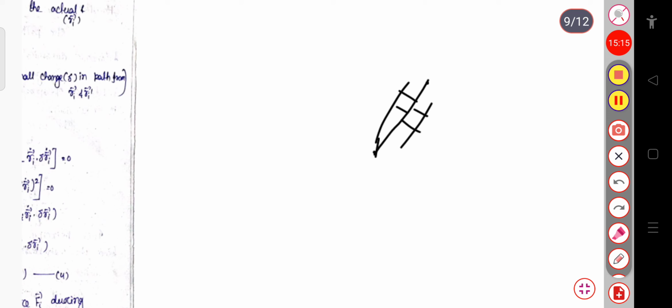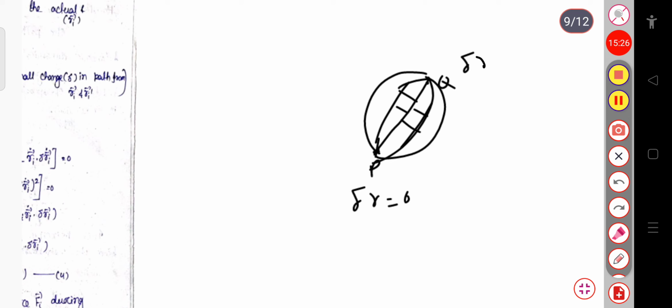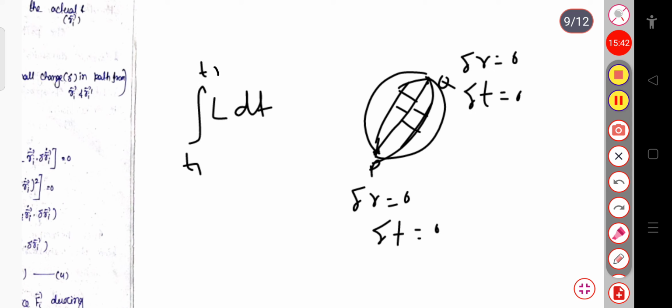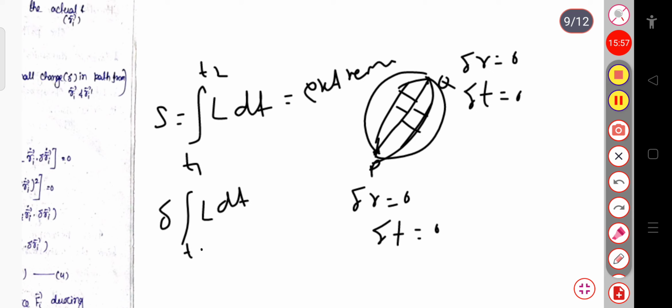But at the point P and at the point Q, all the neighboring paths merge, and we can say that here the displacement equals 0, and also at this point the displacement is 0, as well as the change in time equal to 0 at the points P and Q. So Hamilton's principle says that the integration of L dt for the actual path from t1 to t2 will always give the extremum value, and it is denoted as S. It may be S or it may be J, and also the delta variation, the small variation of this L dt from the limits t1 to t2, is equal to 0.